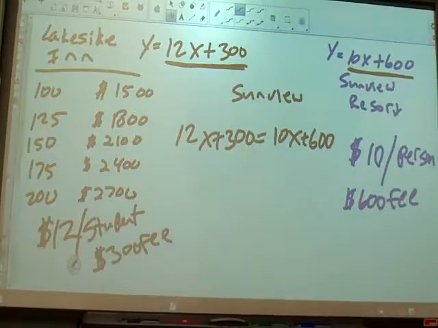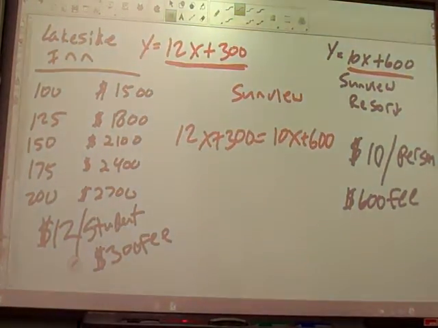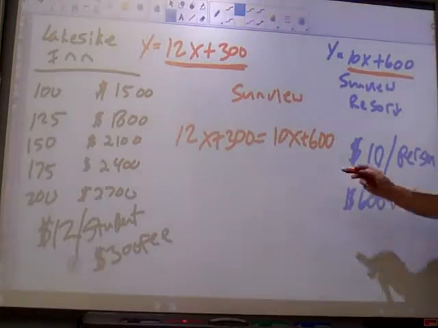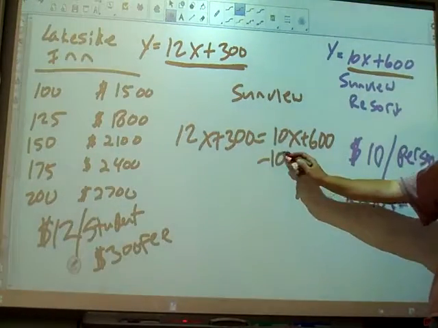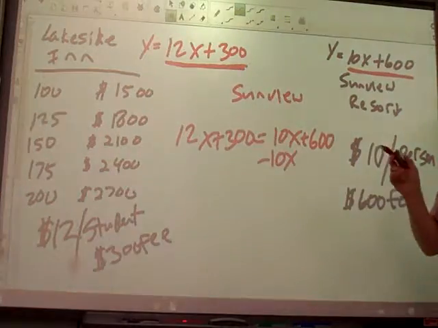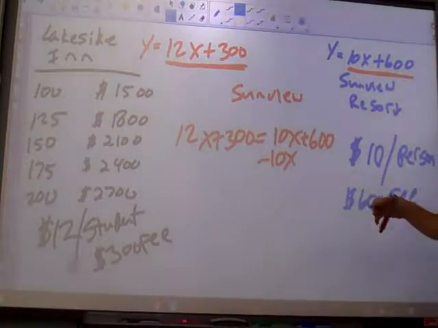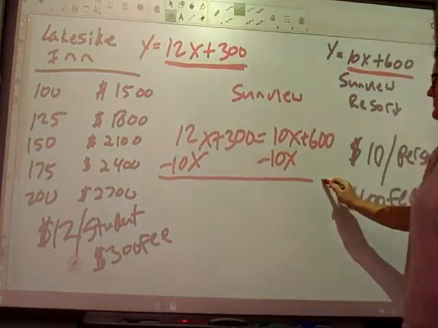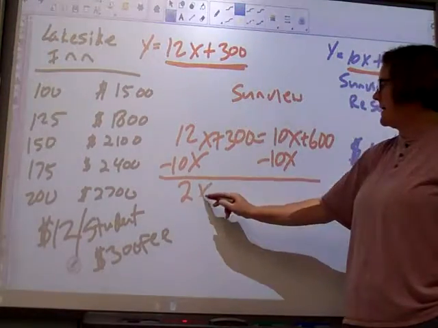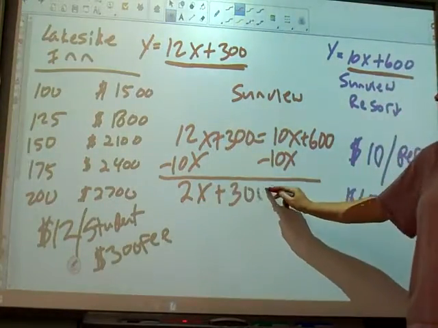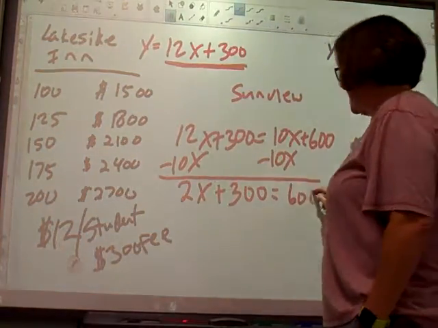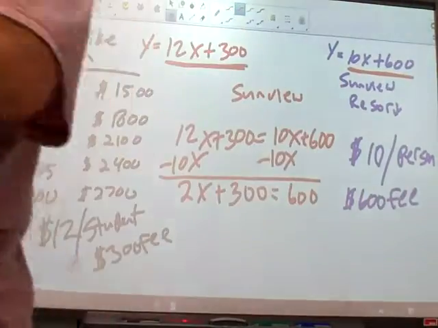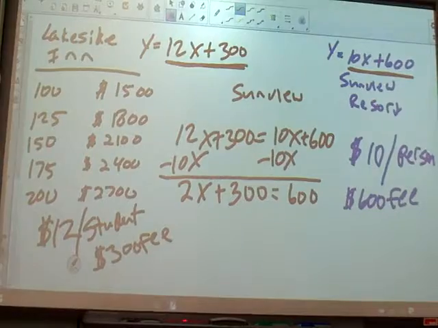What would I do to start solving this? Okay, I would do what Tori said, and I would subtract 10x, but if you chose to start somewhere else, it's not wrong. You could solve this equation several different ways, but I like to start with my variables, and I like to keep them positive, so me and Tori would have been on the same page. Okay, now you've got just a plain old two-step middle school equation.